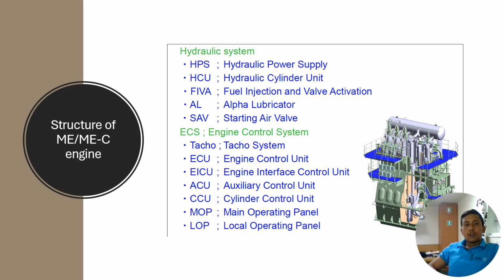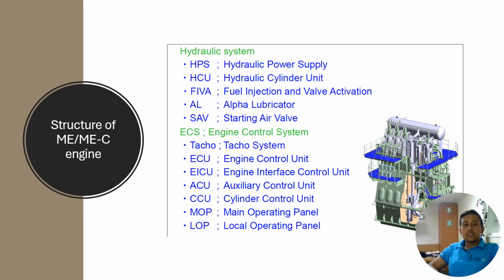Structure of the ME or MEC engine. You can see there are several terms in there. These are the terms you need to familiarize yourself with to understand the concept of the ME engine. In the hydraulic system, we have HPS, hydraulic power supply, HCU, hydraulic cylinder unit, FIVA, fuel injection and valve activation, AL, alpha lubricator, SAV, starting air valve.